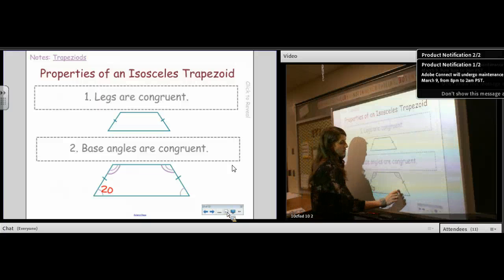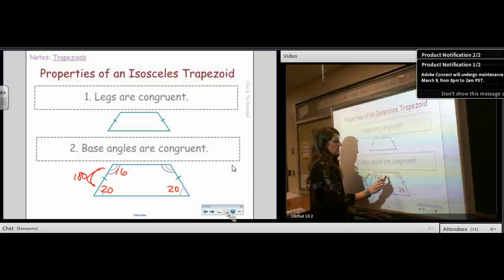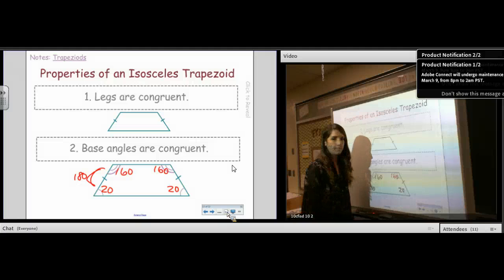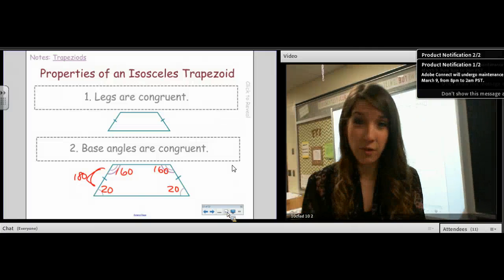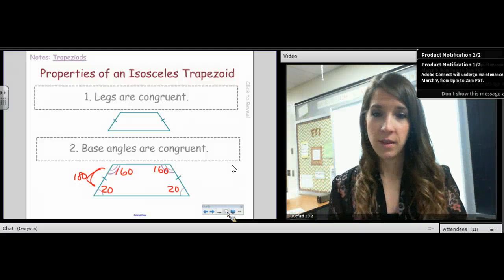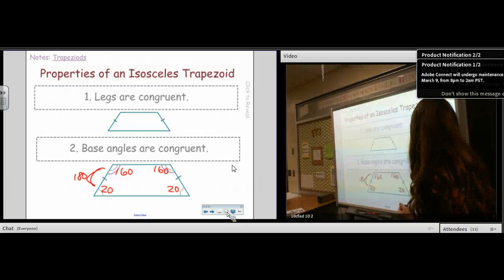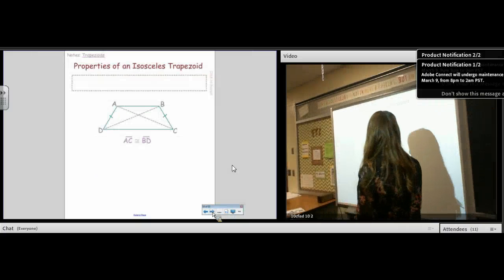Then we would have 20, 20. And then, these are the leg angles, so they're supplementary. So then we'd have 160, 160. That's different from a parallelogram where the opposite angles were congruent. Those aren't opposite. Those are the base angles. So it's working differently than a parallelogram for sure.